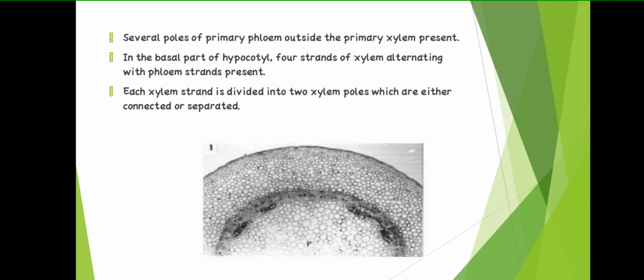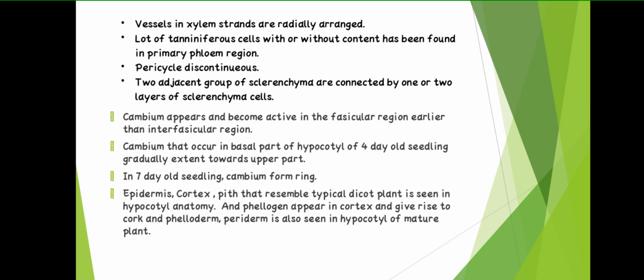Several poles of primary phloem outside the primary xylem are present, and we can see four strands of xylem alternating with the phloem, and each xylem strand is divided into two xylem poles which are either connected or separated. A lot of tanniferous cells with or without content have been seen, the pericycle is discontinuous, and we can see cambial growth.